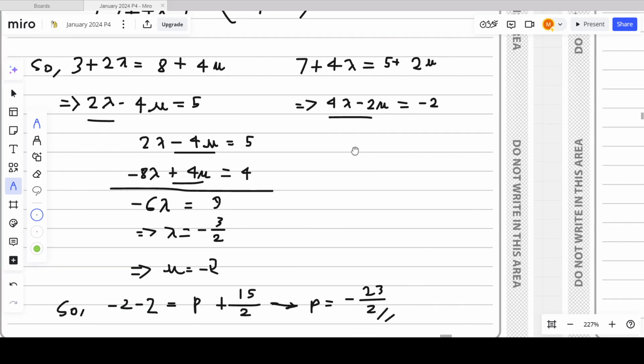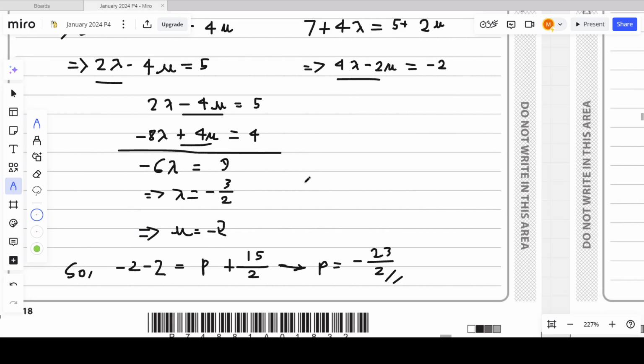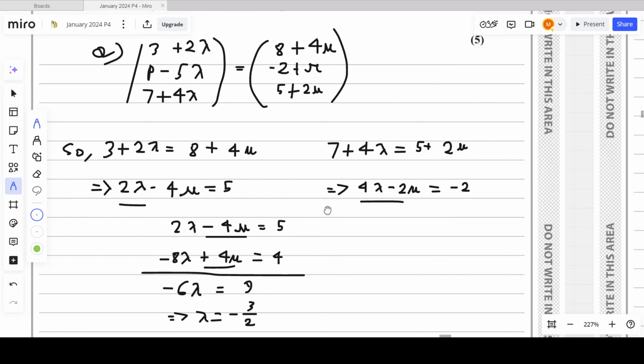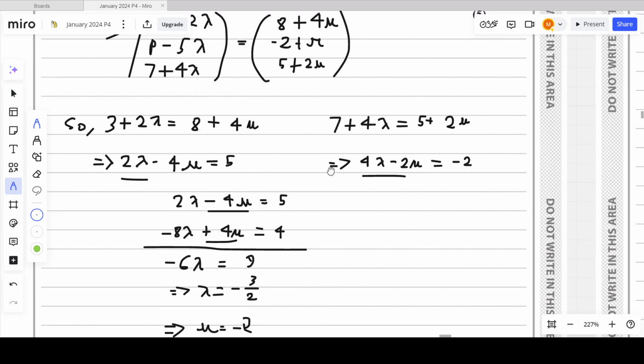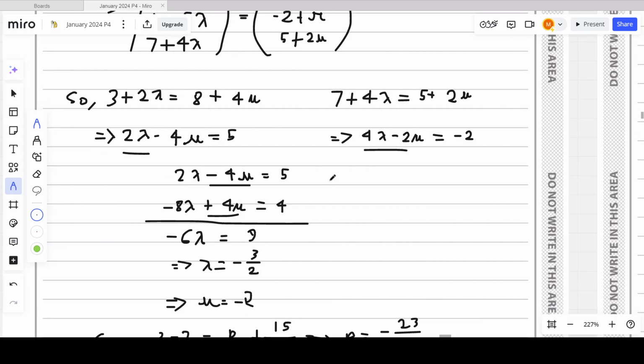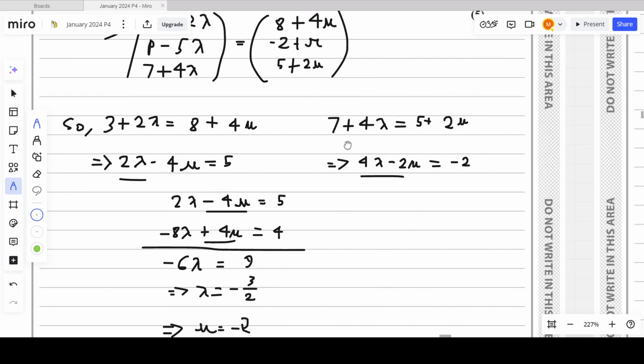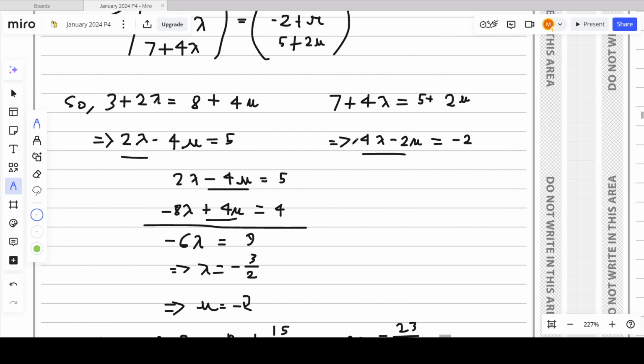The value for mu is negative 2, the value for lambda is negative 3 over 2. You can put either mu or lambda, because both give the common point, isn't it? So put mu, because this is an integer.